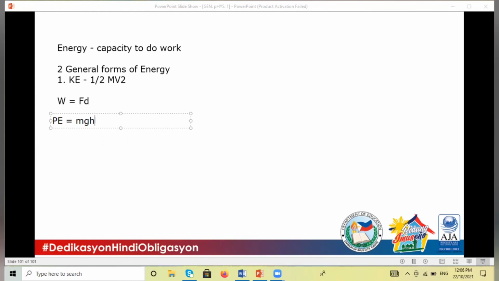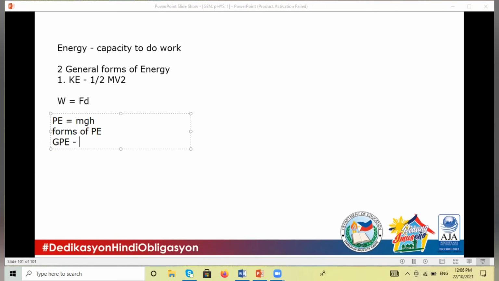There are forms of potential energy. So what are these? You have the gravitational potential energy, which is the energy possessed by an object due to its position relative to the ground.